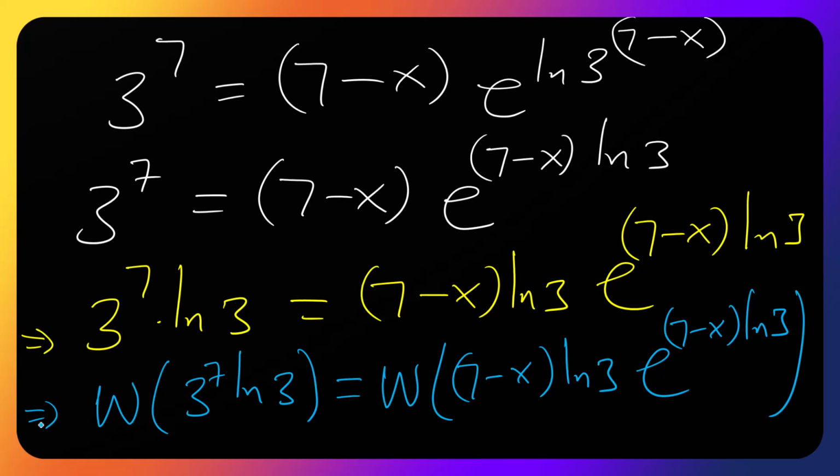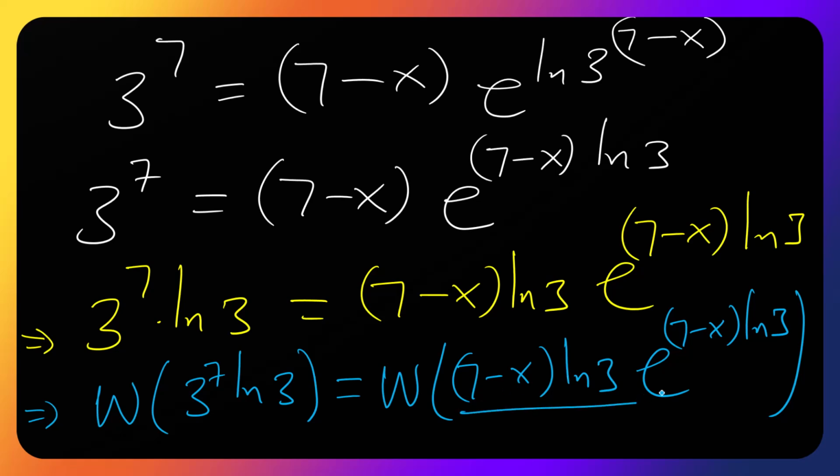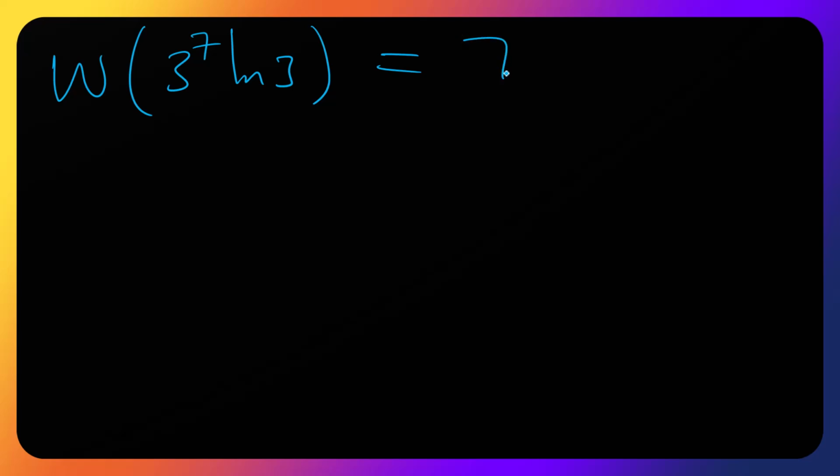The left hand side remains the same. So we have 7 minus x ln of 3.